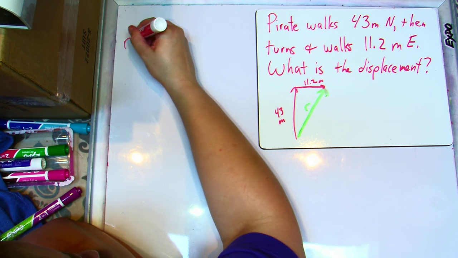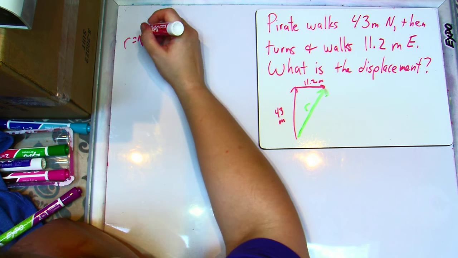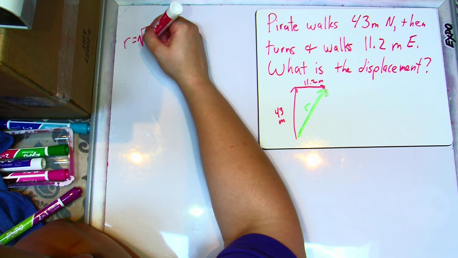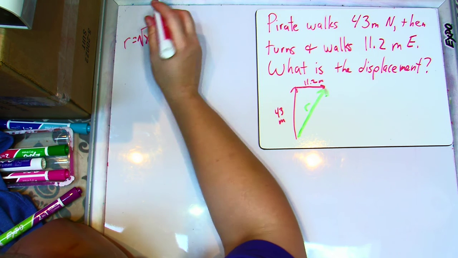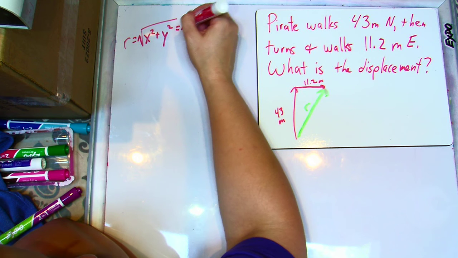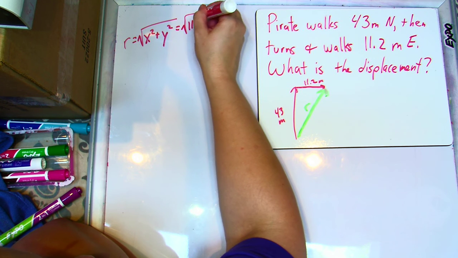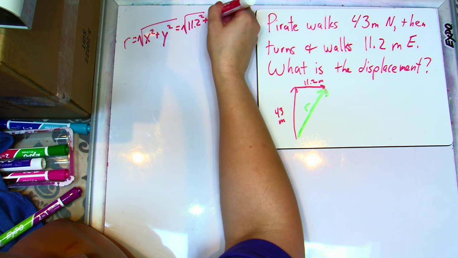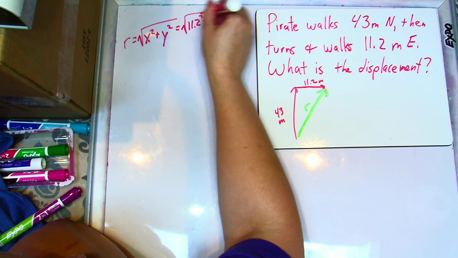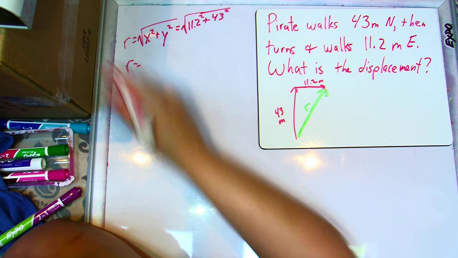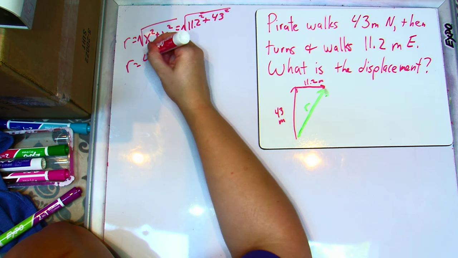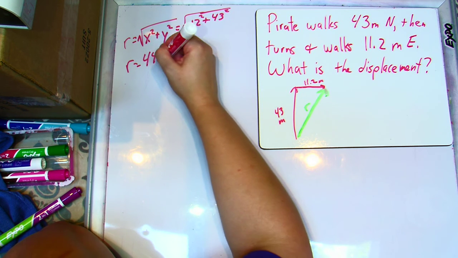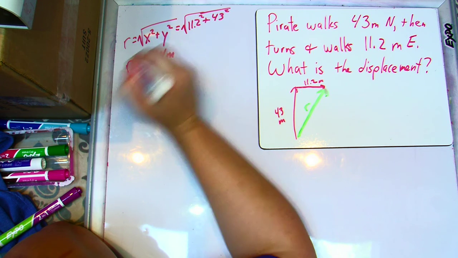So r equals square root of x squared plus y squared equals square root of 11.2 squared plus 43 squared, and we end up with 44.4 meters.